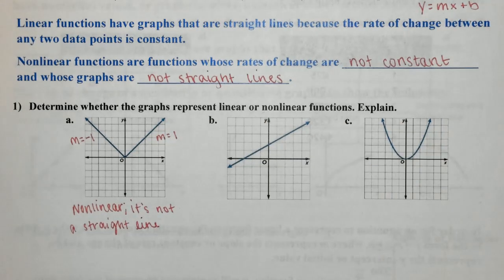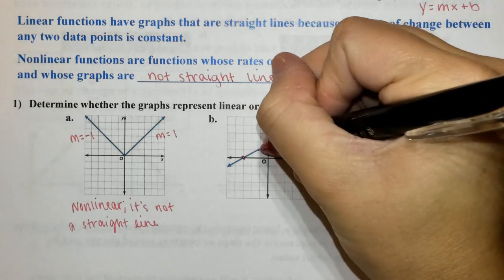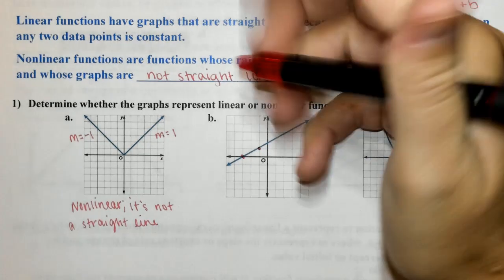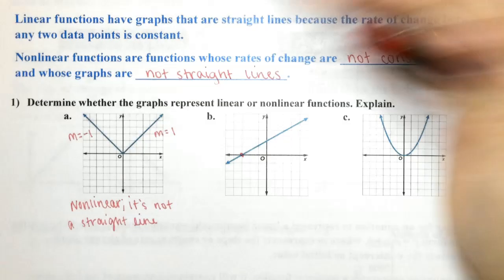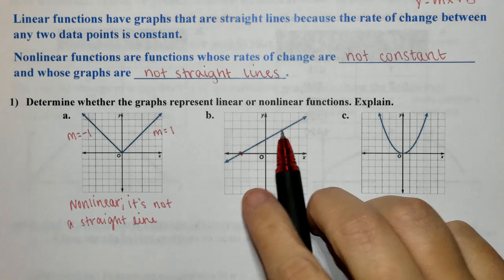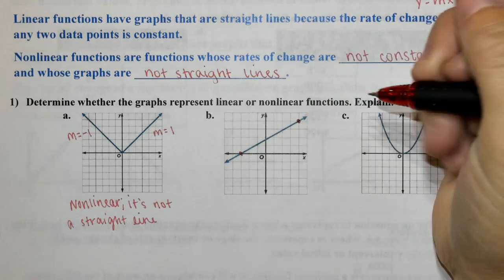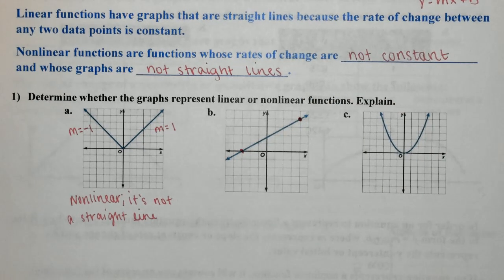Okay, B, no matter what 2 points we look at, so I could choose this point to this point. Actually, that's not a point on the line, I think. Yeah, that's not a point on the line. Let's see, find another one right here. Yeah, that's tricky. But I could find the slope on any of those points, and the slope is going to be the same.